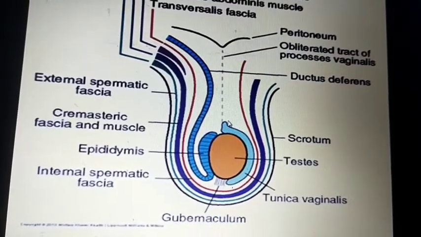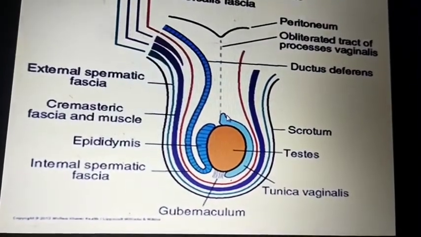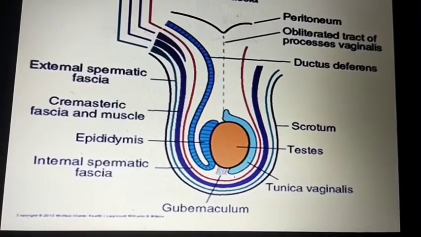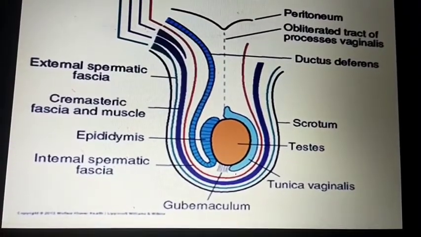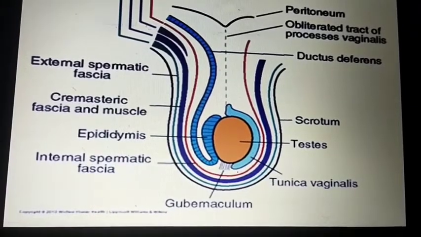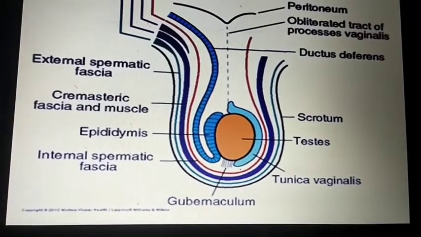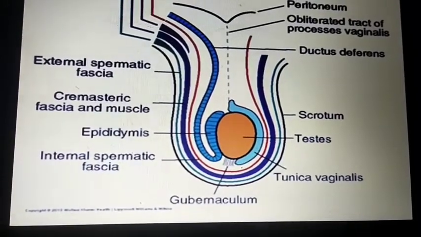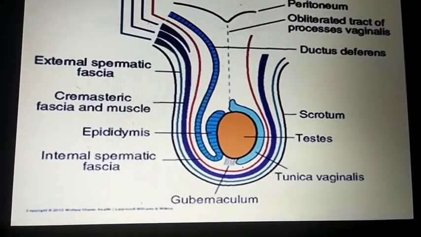The processus vaginalis will change; its track obliterates, and it further converts into the parietal and visceral layers of the tunica vaginalis.